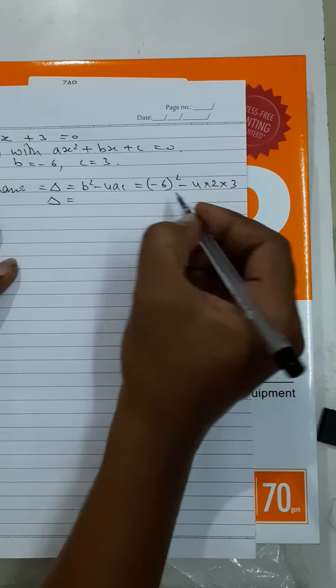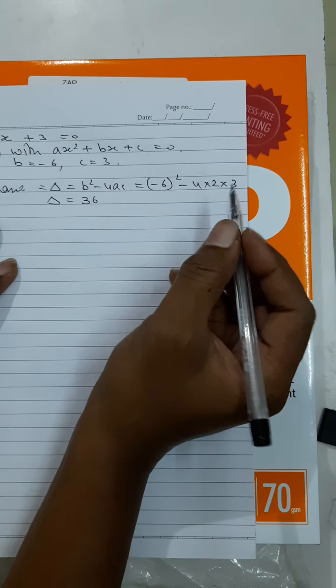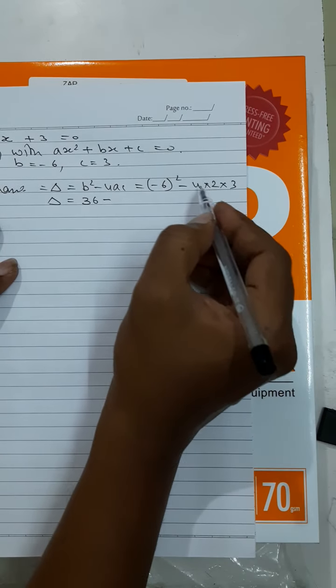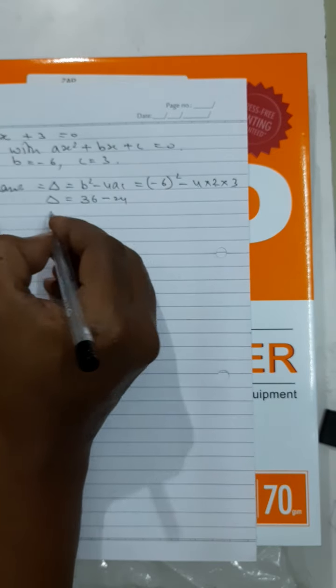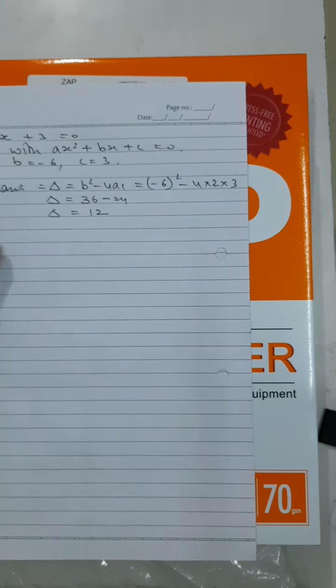The discriminant is minus 6 square, which is 36, minus 4 2s are 8, 8 3s are 24. So you get 12, I suppose.